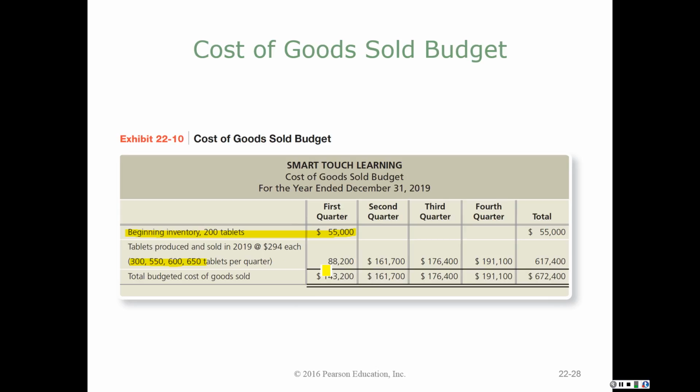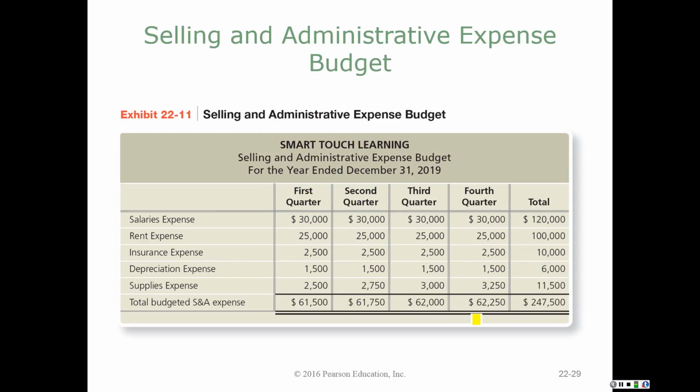And so then we can see as the cost of those items that we're manufacturing this year move out, if we sell everything that we think we're going to sell, our cost of goods sold would be $672,400. Okay, so those are our product costs, moving through the production of our product, through inventory on the balance sheet, all the way to cost of goods sold on the income statement.